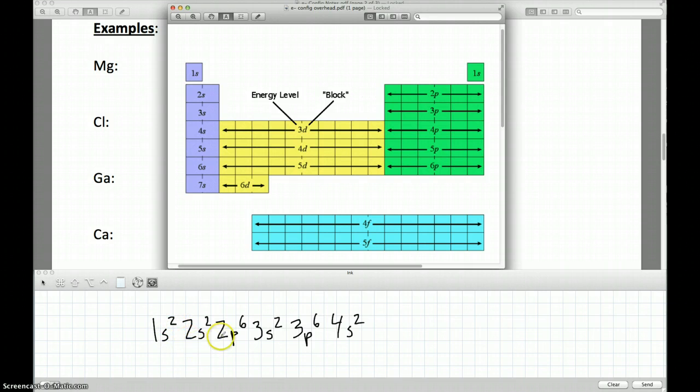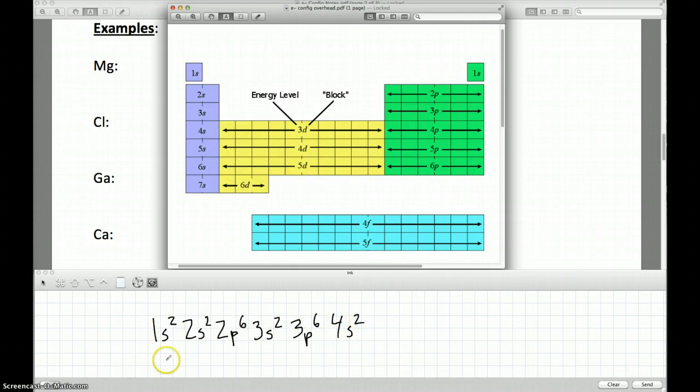The second ring, notice there's 2 2s here. The second ring has 8. 2 here in the s orbital, or the s sublevel, and 6 in the p sublevel. So a total of 8. Third ring also has 8. And then the fourth ring only has 2.